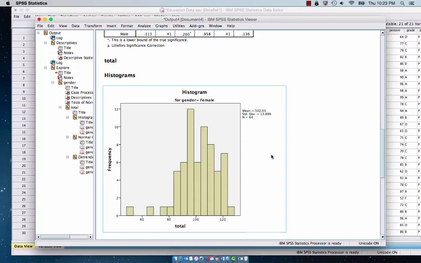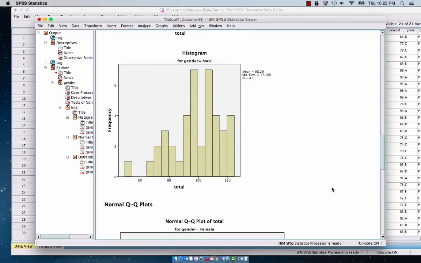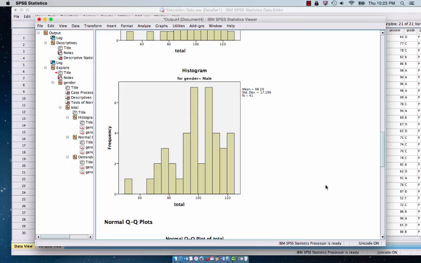And so let's look at the female histogram. You can see it is skewed to the right. And so this means that the total scores are sort of piling up on this upper end, whereas the male scores are somewhat skewed, but you also have what we call a bimodal distribution because you have two peaks here.